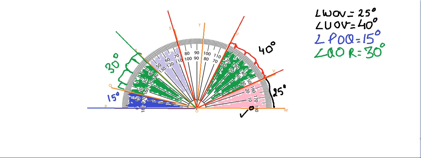For this again the readings are 5, 10, 25 and 30. Angle ROS is 30 degrees.